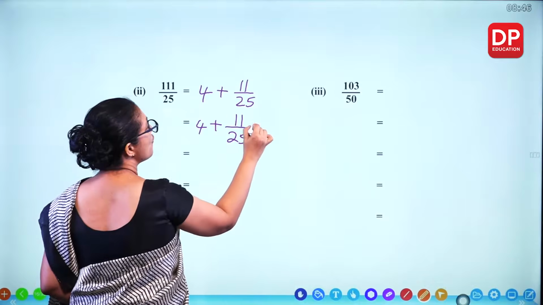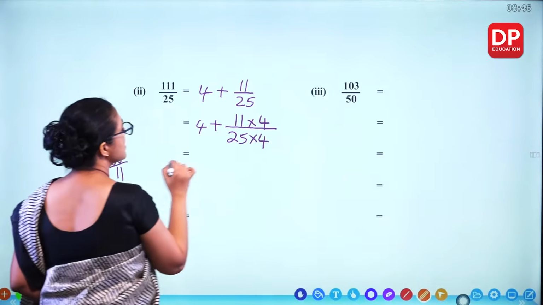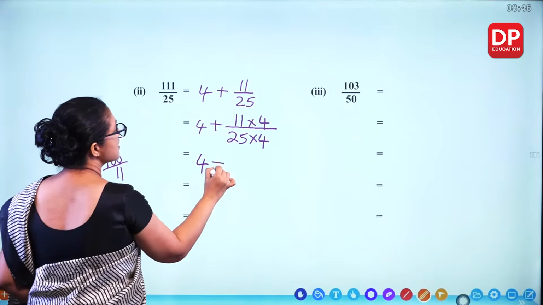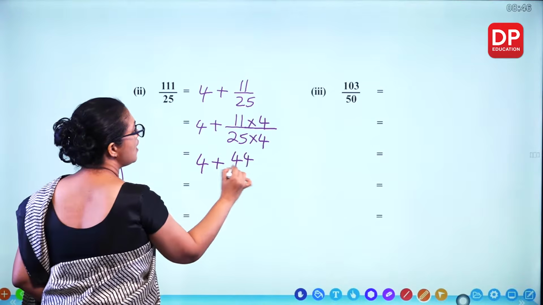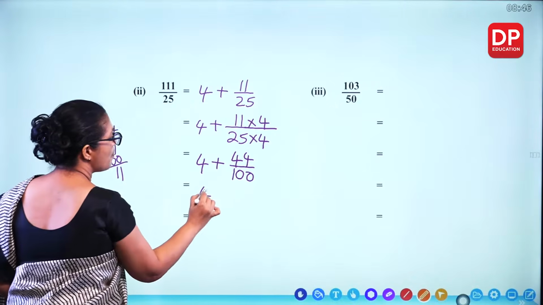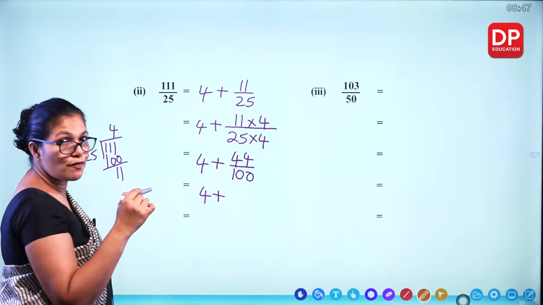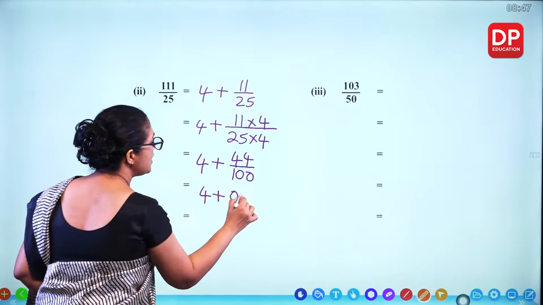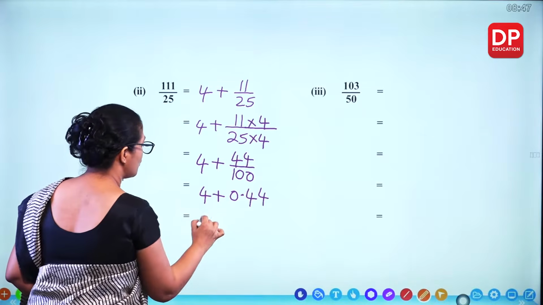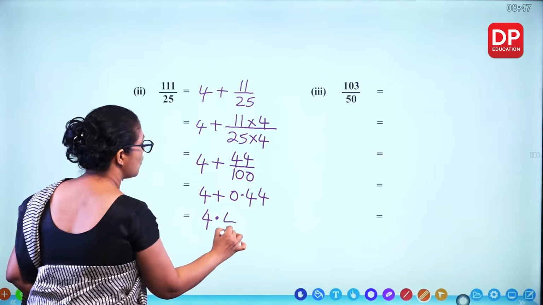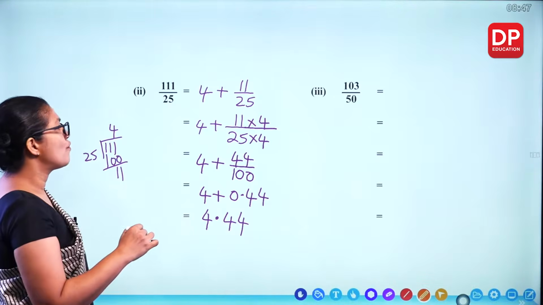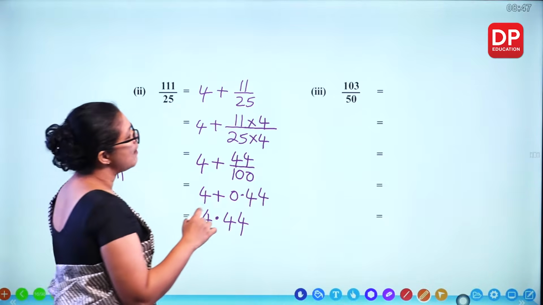Multiply by 4, both the numerator and the denominator. 4 plus 44 over 100. 4 plus, what's 44 over 100? 0.44. So you can write the final answer is 4.44.